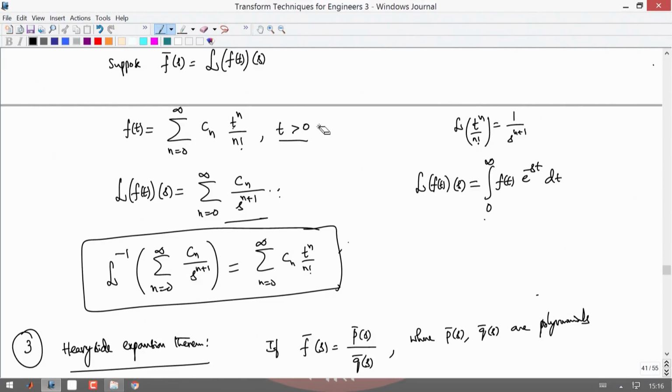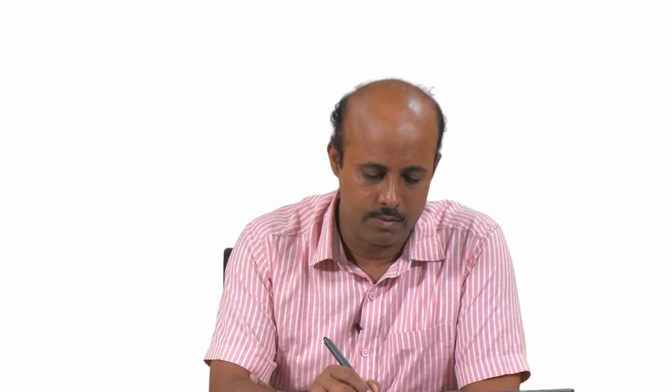Once you say it is a Taylor expansion, it is valid in the neighborhood of 0, so f of t for t positive in the neighborhood of 0 is well defined. Suppose it is valid for all t positive. You started with this type of Taylor series, that is called a Maclaurin series around 0.